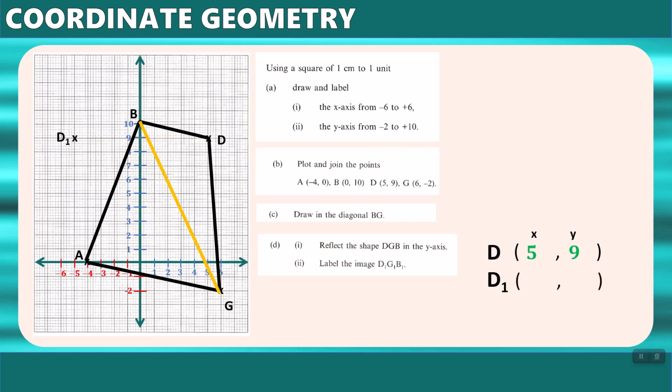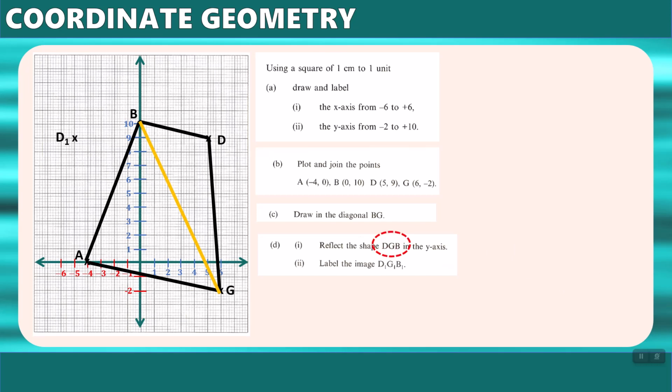So D1 is located, if we look down, we can see that it's at -5, and if we look across, we can see it's at 9. And if you notice the difference between the original point and the reflected point, because we reflected it in the y-axis, the y value stays the same, but the x value has changed to its opposite. So the opposite of 5 is -5, and that's how reflections work in the y-axis.